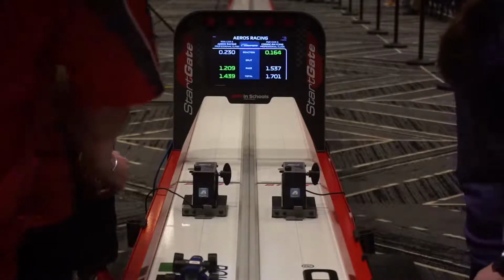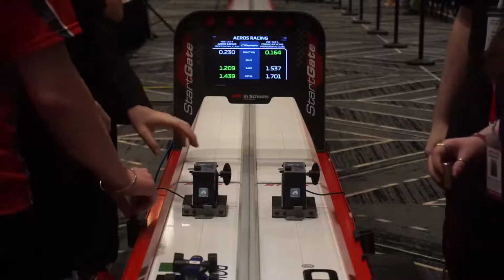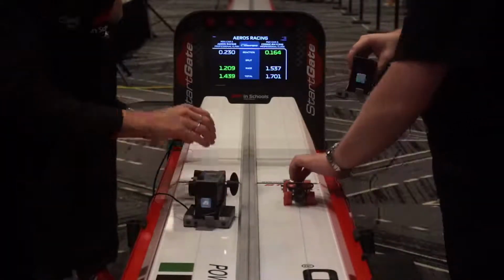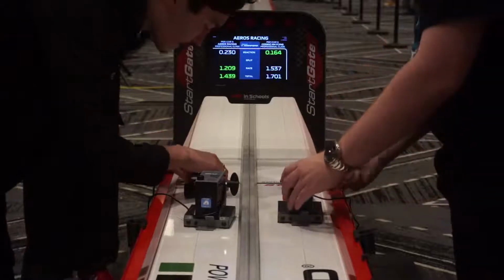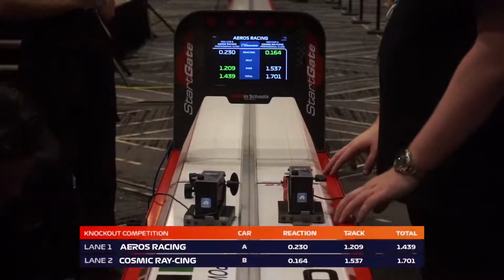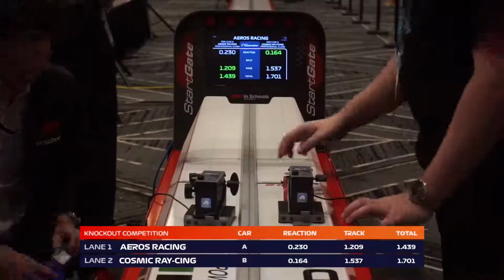Cosmic does have the fastest reaction time, however, total time is what counts, with Aeros Racing taking the first win. Now swapping cars and swapping lanes while Aeros sweep the bracket. Remember, the time to beat is a 1.439.